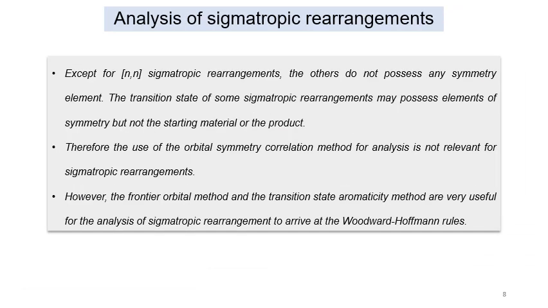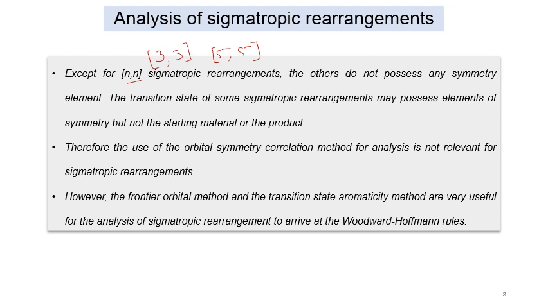Now, how do you analyze the sigmatropic rearrangements about the permissibility of the transformation? Except for the n,n, for example, the 3,3 sigmatropic rearrangements or the 5,5 sigmatropic rearrangements, the others do not possess any symmetry element.